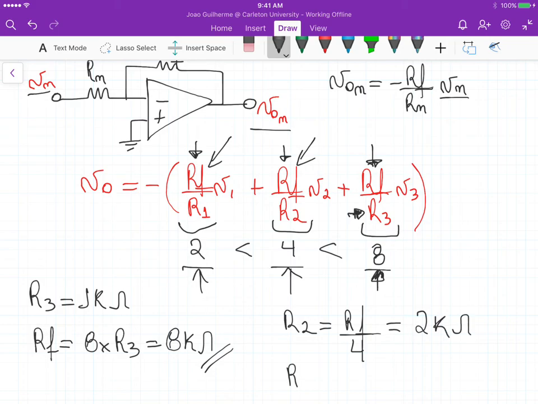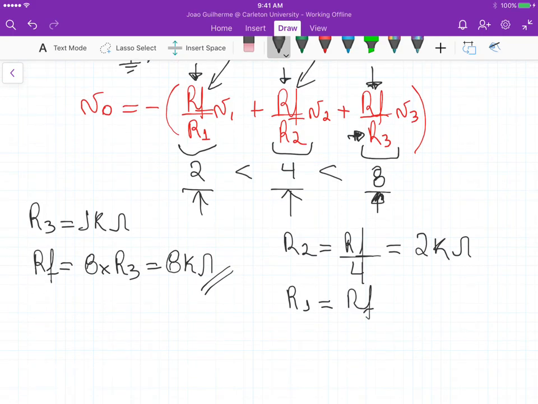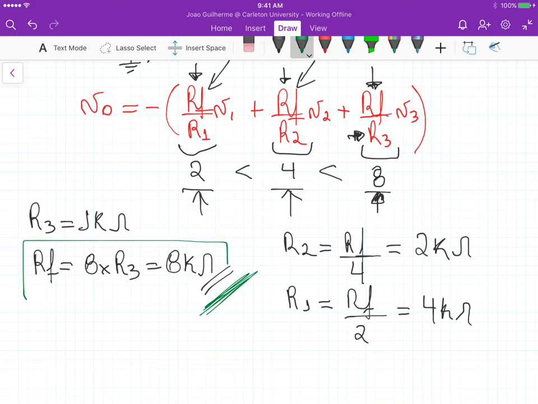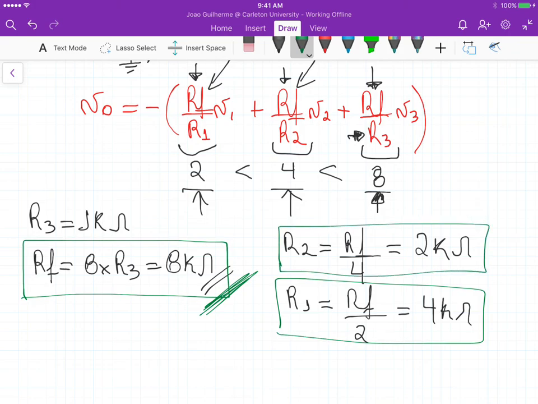And for R1, we should get RF divided by 2, which is 4k ohms. And those are basically the values of the resistances. So RF is equal to 8k, R1 equal to 4k, R2 equal to 2k, and R3 equal to 1k.